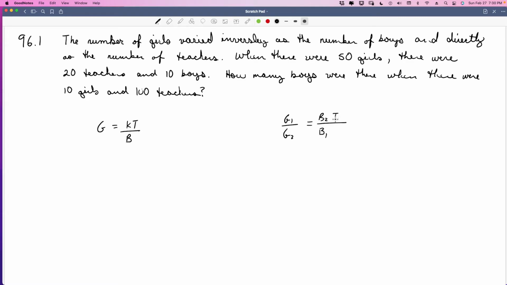So the teachers are directly related to the girls, so the same event has to match the girls. That's how we would write the formula, and this is how we would write the proportionality statement to solve this. You can use either one based on your understanding.